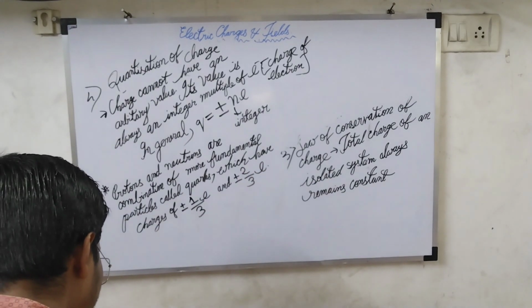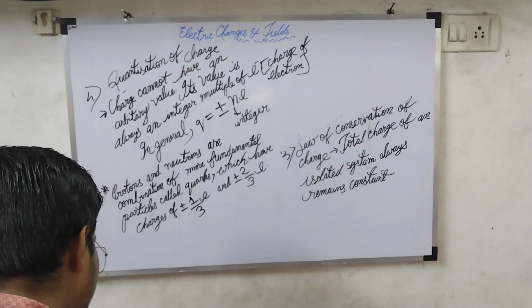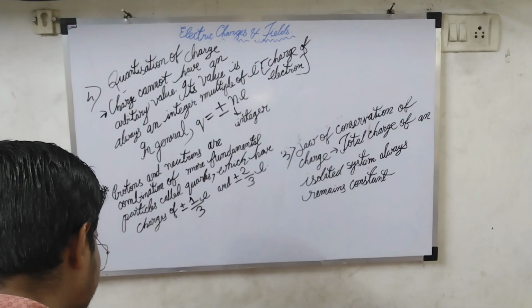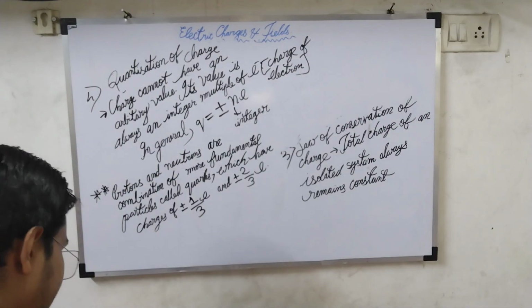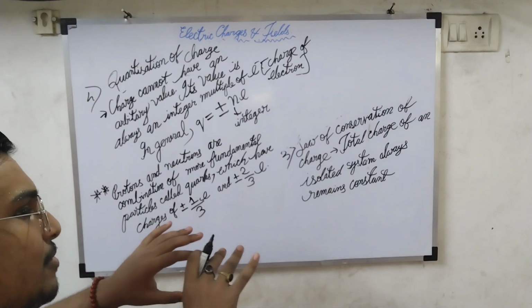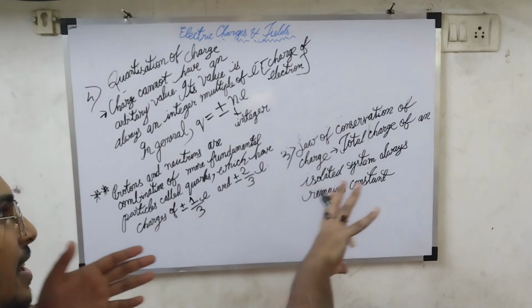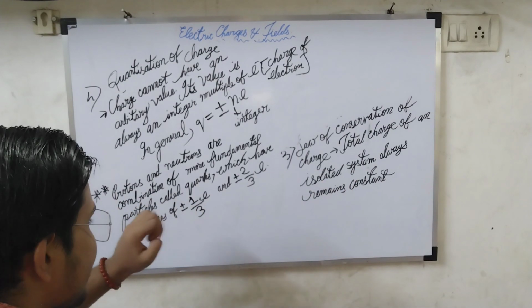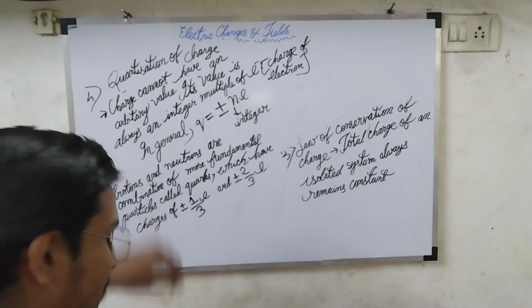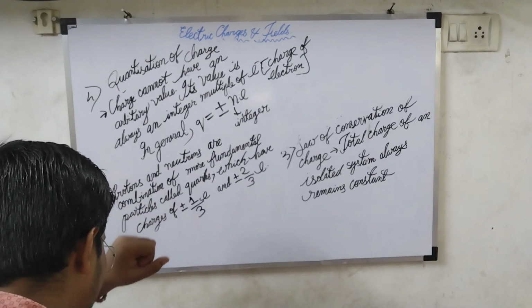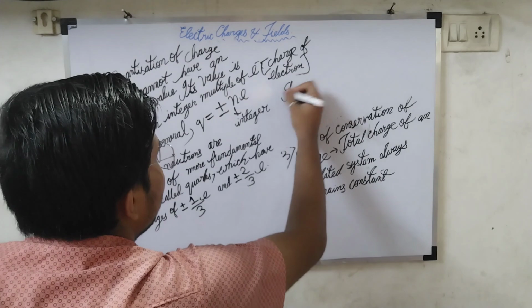Sorry, you can't see it on the board, I'm writing so small, so I need to rub it again. Now, isolated quarks have not been observed, hence the quantum of charge is still e. Isolated means staying away from each other. That kind of quarks have not been observed. That is why the quantum of charge is still e.